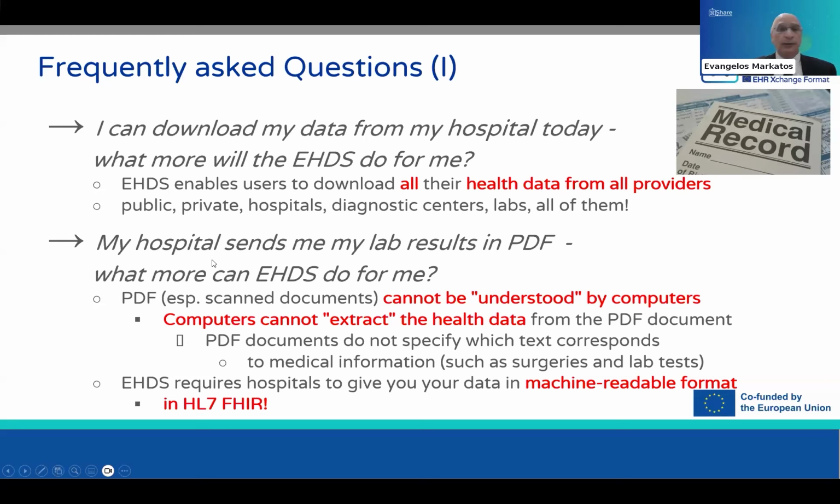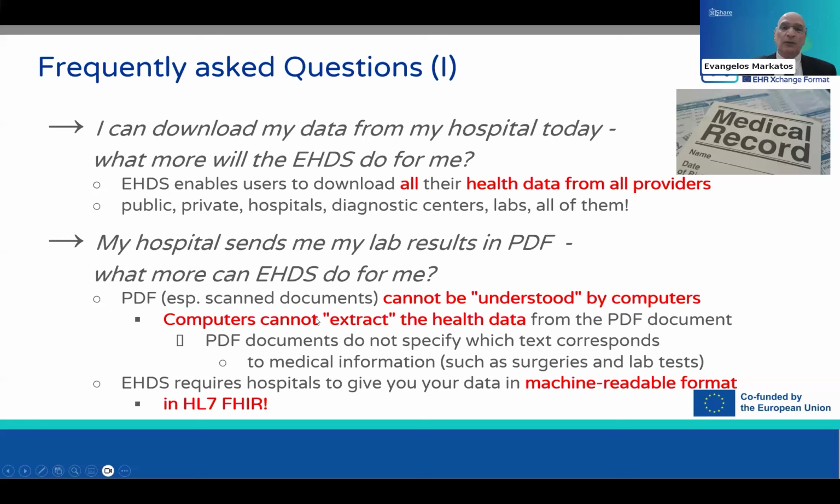And you may also wonder and say that my hospital sends me my lab results in PDF. What more can the European Health Data Space do for me? Well, PDF, and especially scanned documents in PDF, documents in paper format that we put in a scanner and then convert to PDF, cannot be really understood by computers. Computers can print it, but they don't understand it.